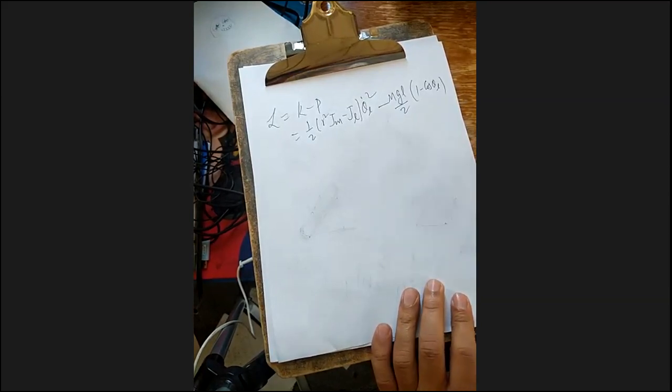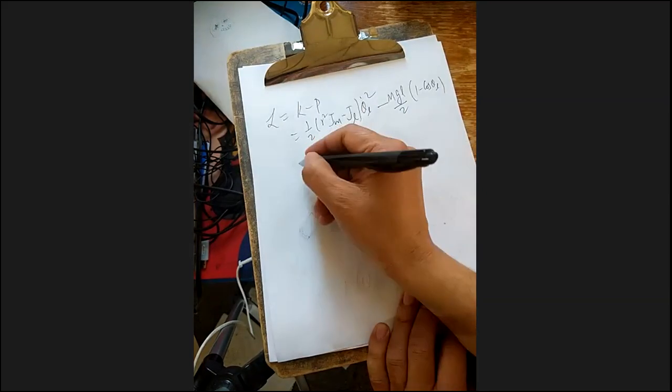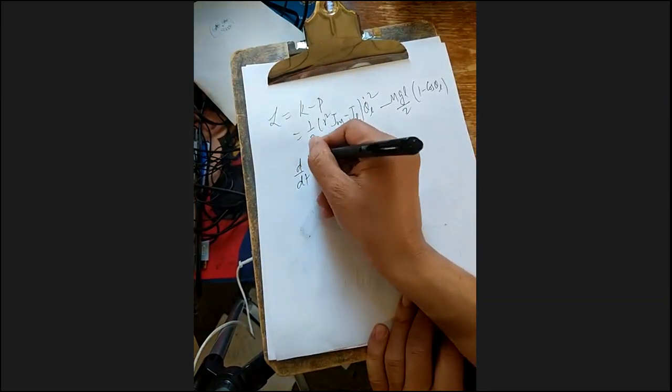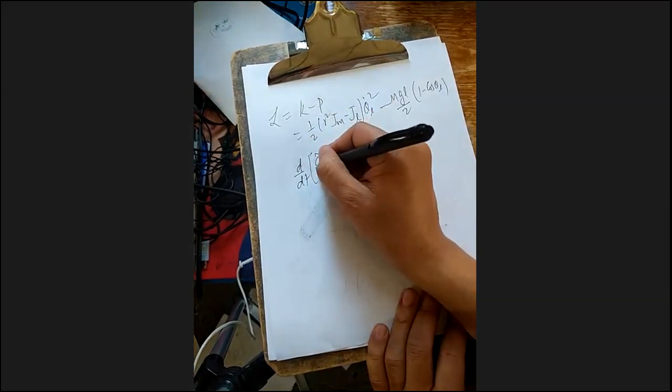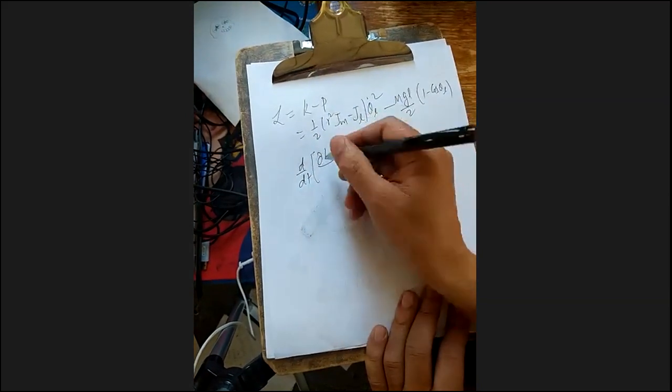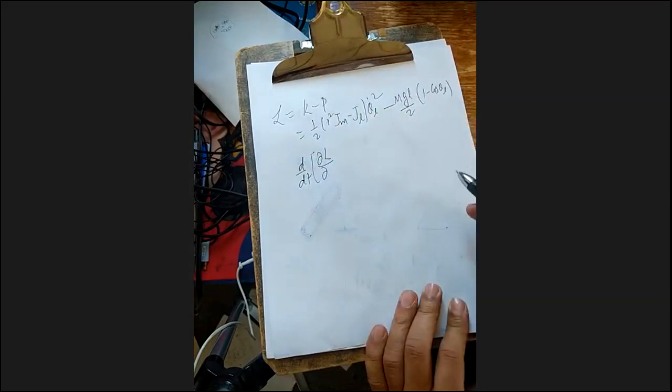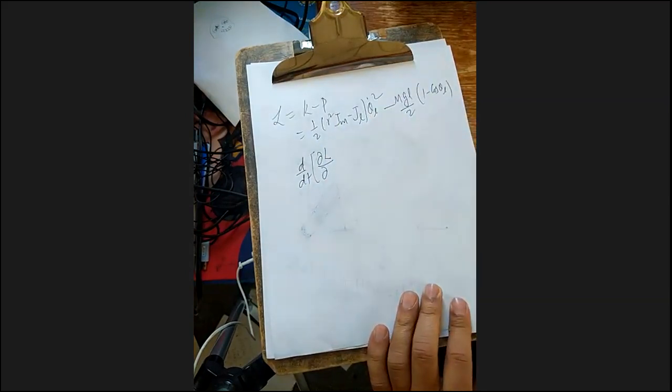So what is my Lagrange equation? d/dt of the partial of the Lagrangian with respect to, what is my generalized coordinate in this Lagrangian?